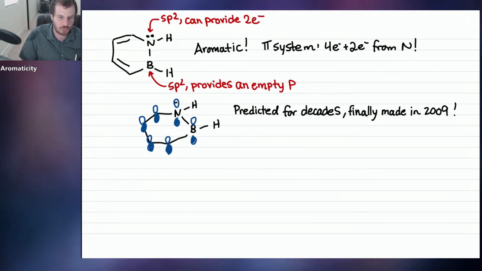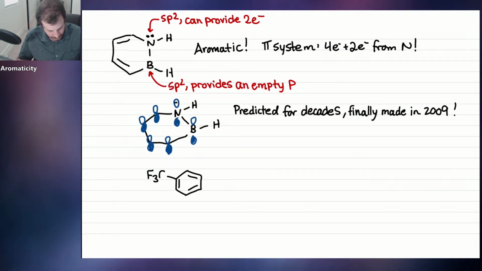So something kind of cool about this compound, and we're almost done, I promise, actually has to do with drug abuse. I don't know why I say that's cool. It's not cool. So let me draw a compound here.